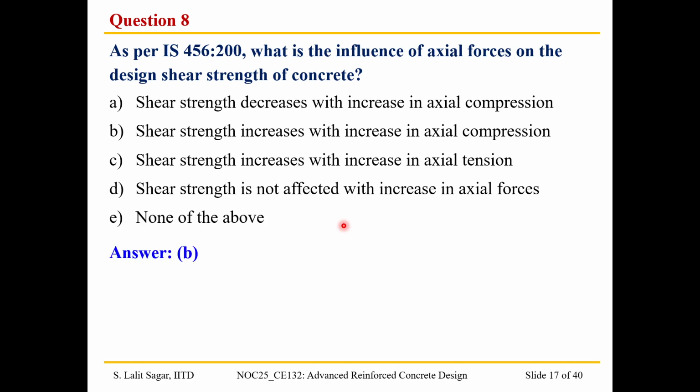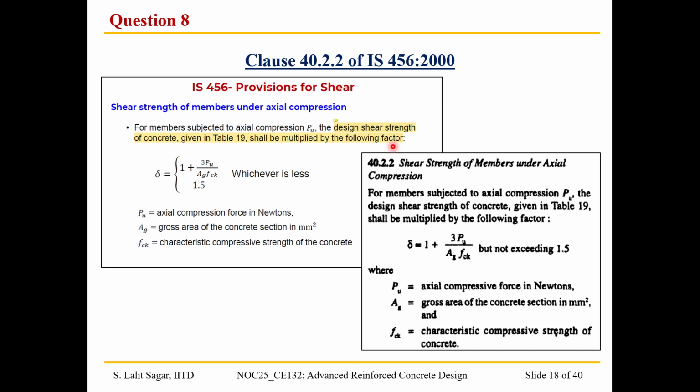So the correct answer is option B. The shear strength increases with increase in the axial compression. This has been adopted from the lecture slide, as per clause 40.2.2 of IS 456.